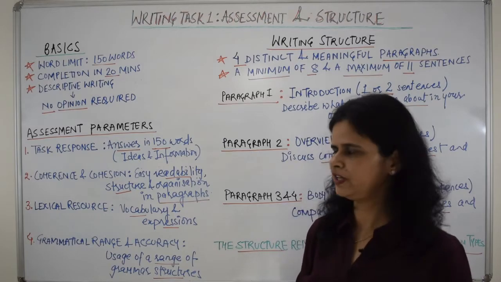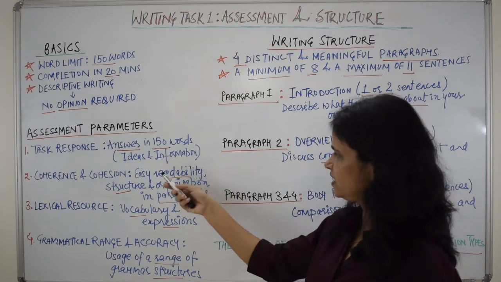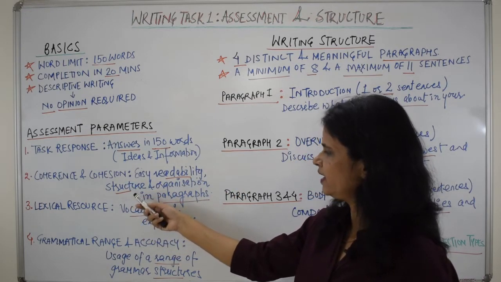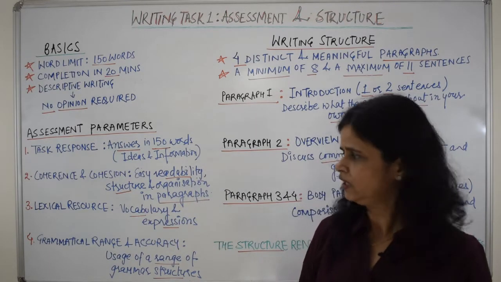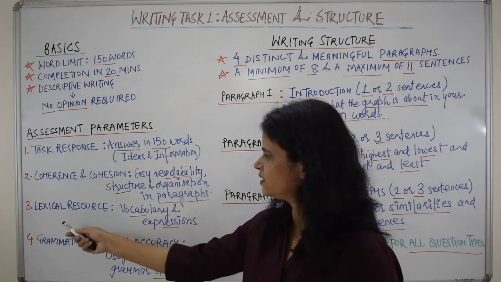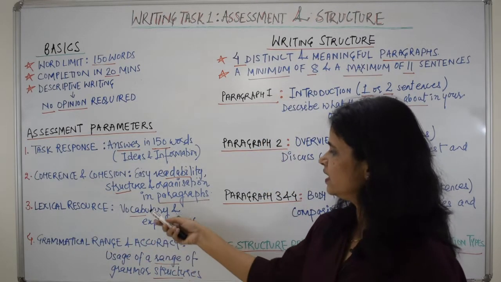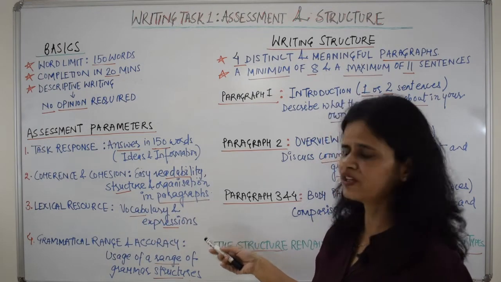The second is coherence and cohesion. Coherence and cohesion implies that your essay should be easily readable. Then the structure should be fine and the organization in paragraphs should be good. Then the third parameter is lexical resource. Lexical resource implies that the vocabulary you are using and expressions you are using should be fine.